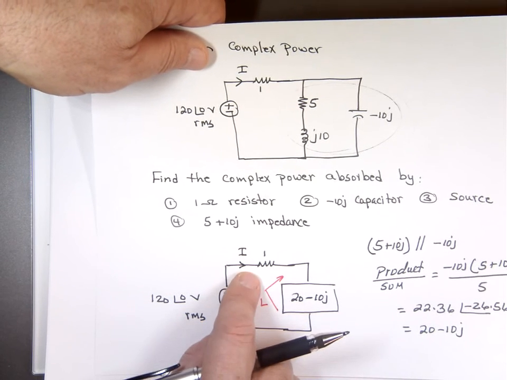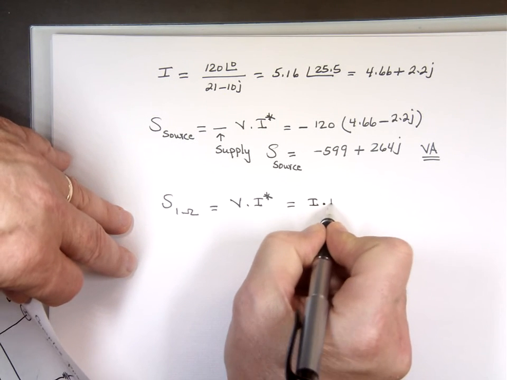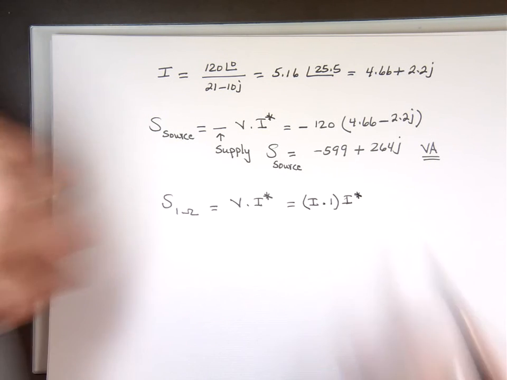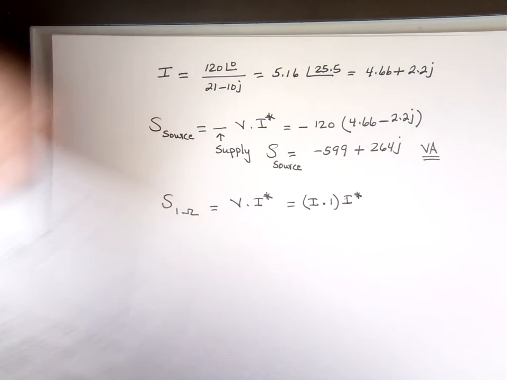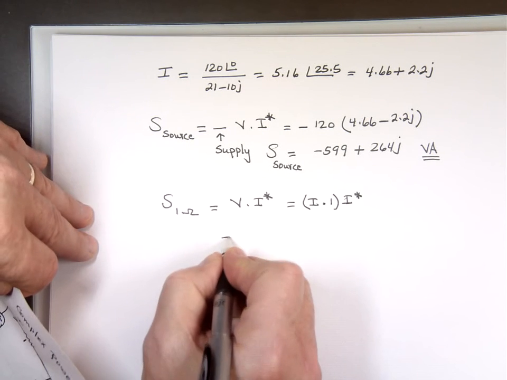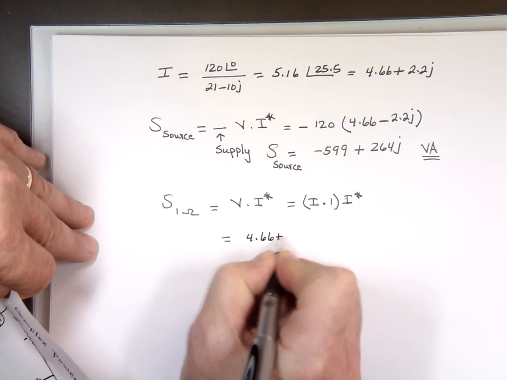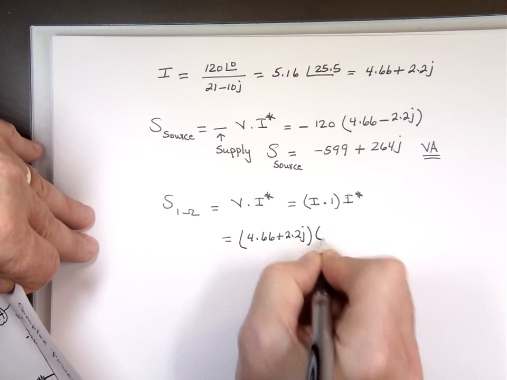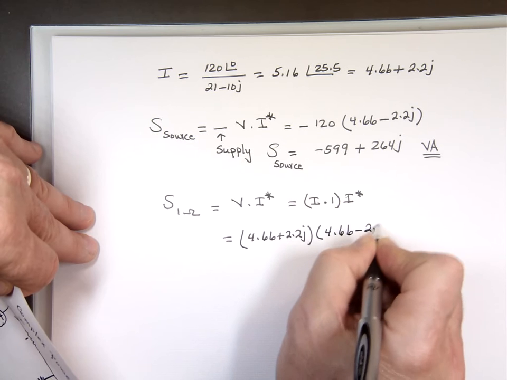So that's I, R is 1, times 1, times I conjugate. So what is I here? 4.66 plus 2.2J times I conjugate, 4.66 minus 2.2J.